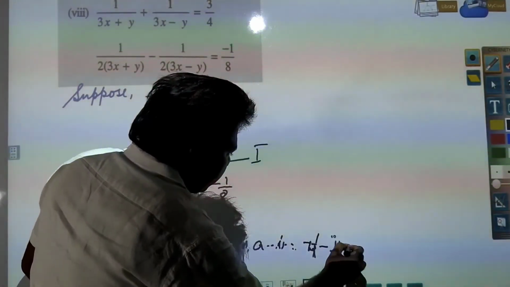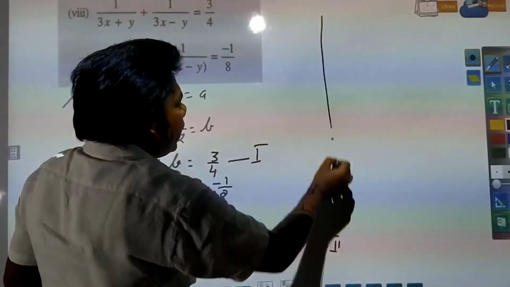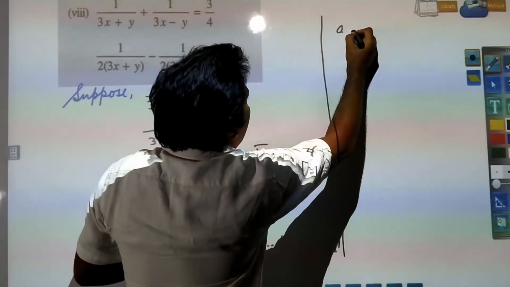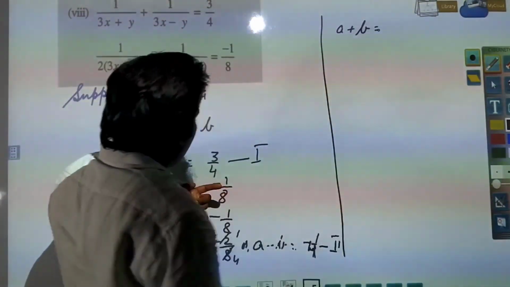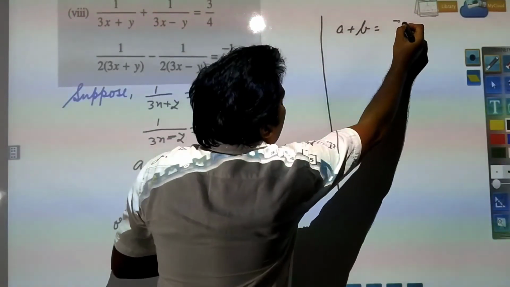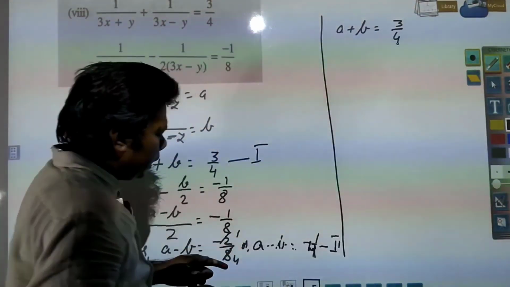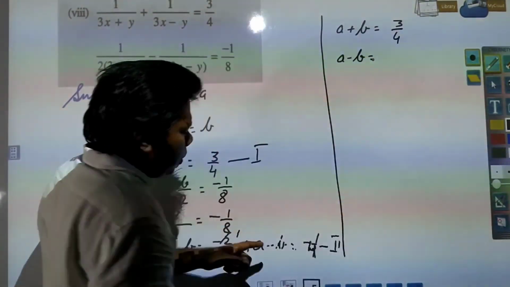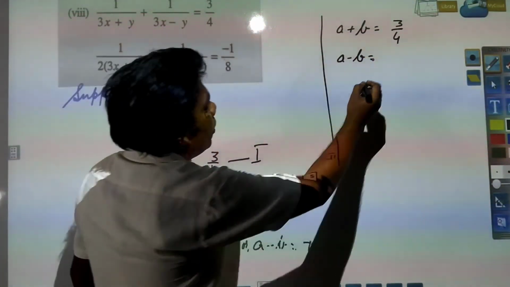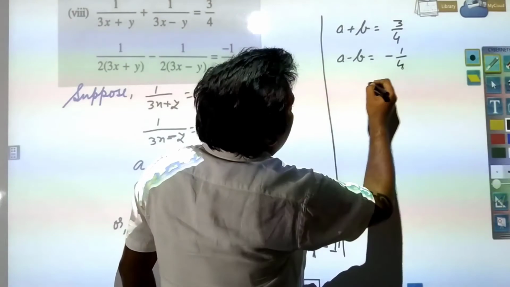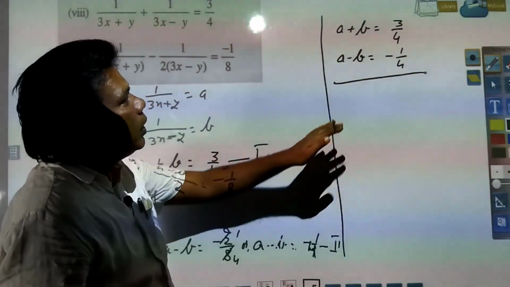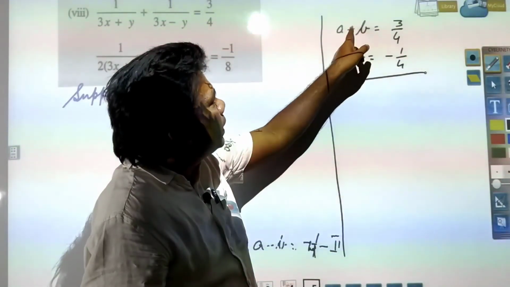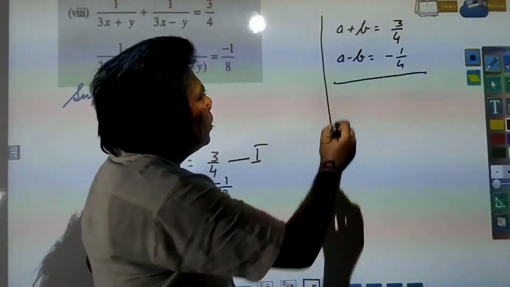So now we have two equations: a plus b is equal to 3 by 4, and the second equation, a minus b is equal to minus 1 by 4. Now you see what we will do: b has a plus sign and a minus sign, so it will be cancelled.